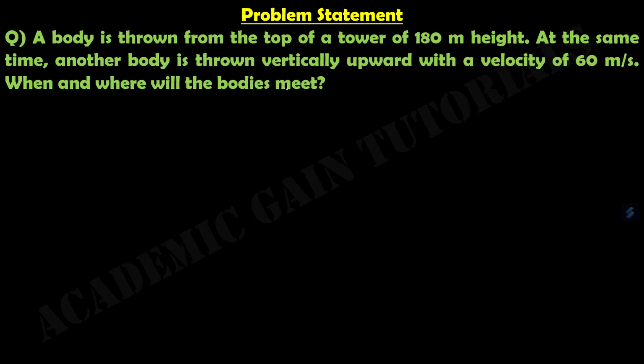Now coming to the second part, the second question. The question states that a body is thrown from the top of a tower of 180 meter height. At the same time, another body is thrown vertically upward with a velocity of 60 meter per second. When and where will the bodies meet?